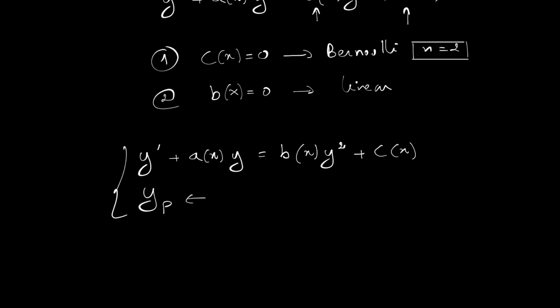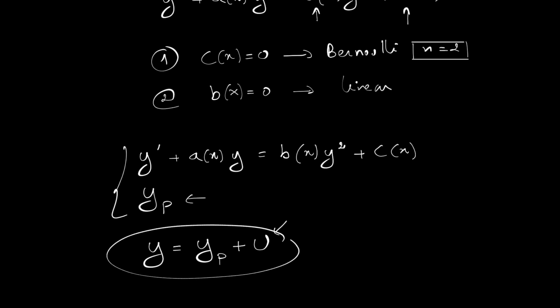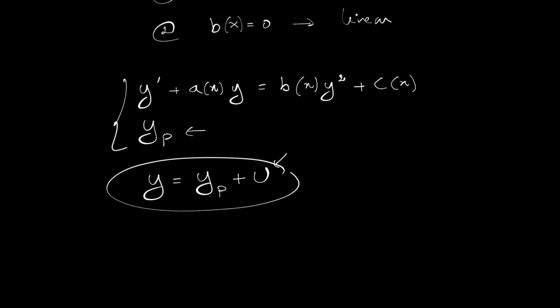Once you have this particular solution, we use the following substitution: y equals the particular solution plus another function u, where u is a new unknown function that we have to find to write the general solution of your Riccati equation. Now, if we calculate the derivative of y, we obtain this.